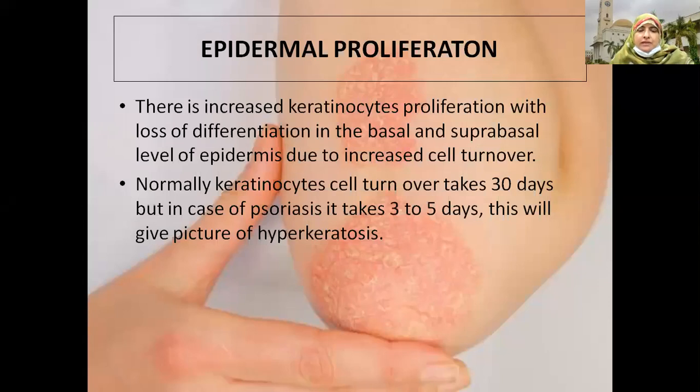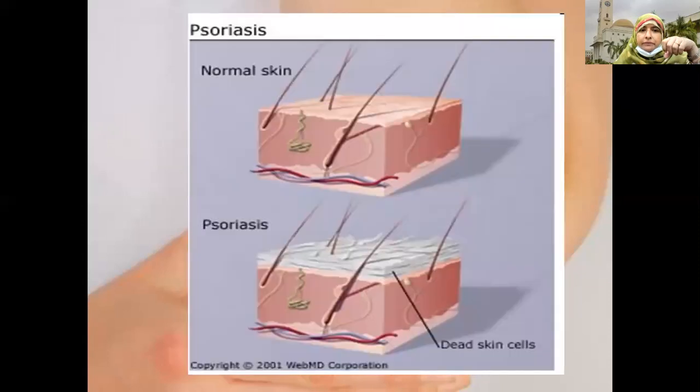But in this case, this process of keratinization, which normally takes about 28 to 30 days, becomes very rapid. In addition to this increased cell turnover, which takes only 3 to 5 days, there is loss of differentiation in the basal and suprabasal layers, and this will give a picture of hyperkeratosis, that is thickening and scaling at the outermost layer, at the level of stratum corneum.